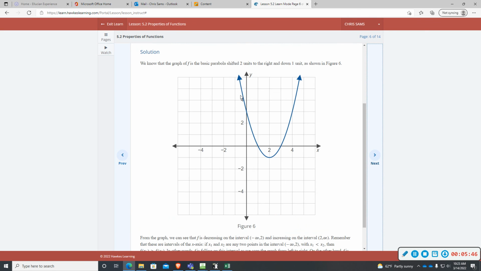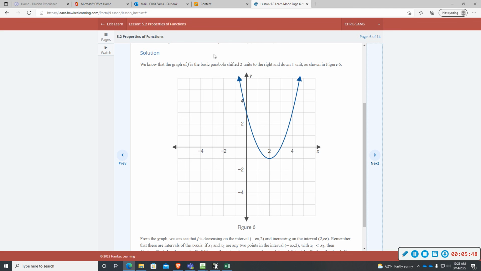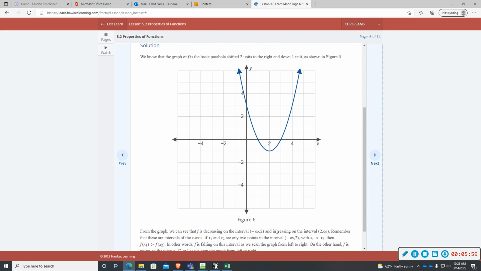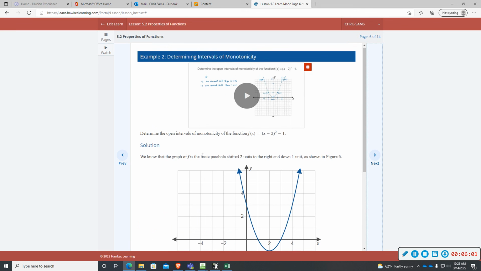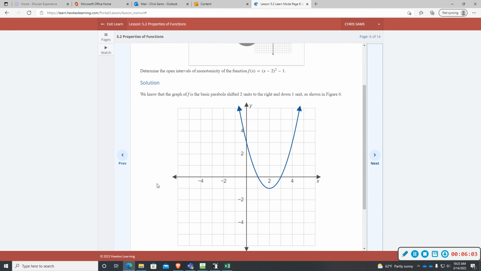All right, so here, I know that arrow is pointing up that way, but as you go left to right, this is going down. So we would say decreasing until you get to 2, and then it starts increasing all the way to infinity. So they're showing you that here. From the left side of the graph, you describe the intervals of monotonicity, or decreasing and increasing intervals, based on the x-axis alone, where it starts and where it stops.